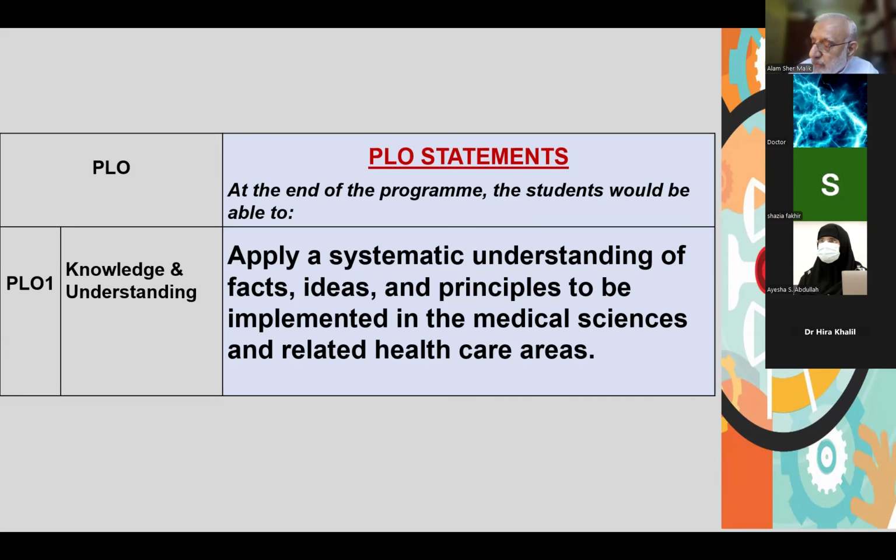If we combine these two, as Dr. Aisha is saying, we must maintain the systematic understanding of common and basic or essential facts and ideas and principles to be implemented for common conditions. Would that be acceptable?